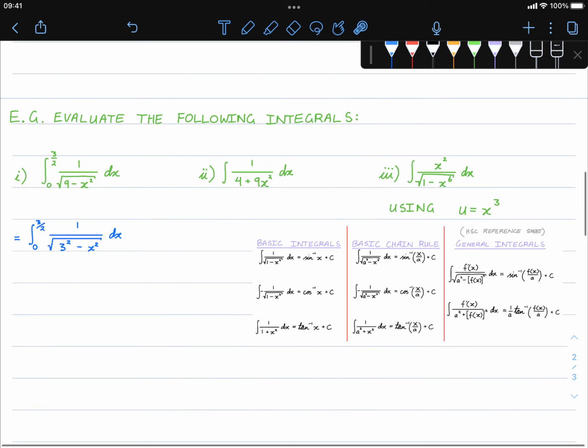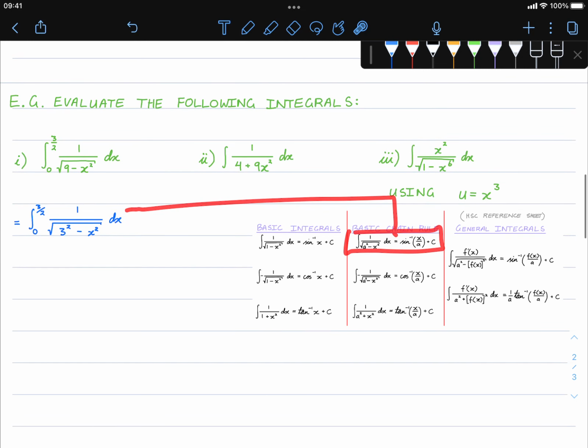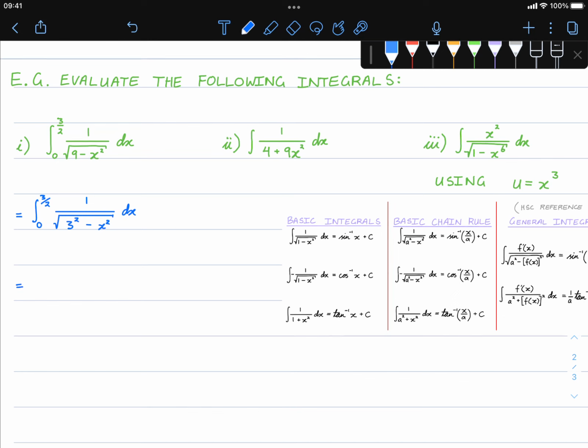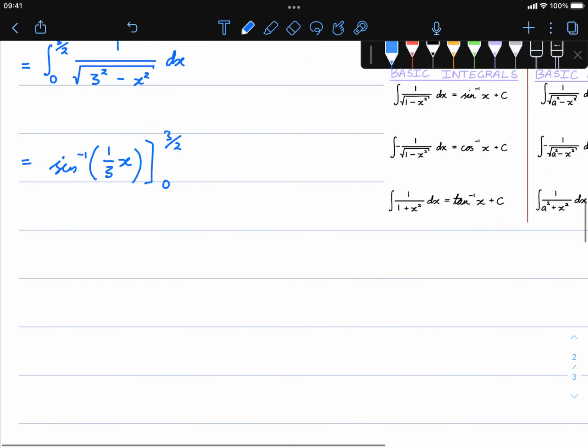Because now this is of the exact same form as this one. So our integral of this is going to be the inverse of sine of x on 3, but I like writing it as 1/3 of x, from 0 to 3 on 2.